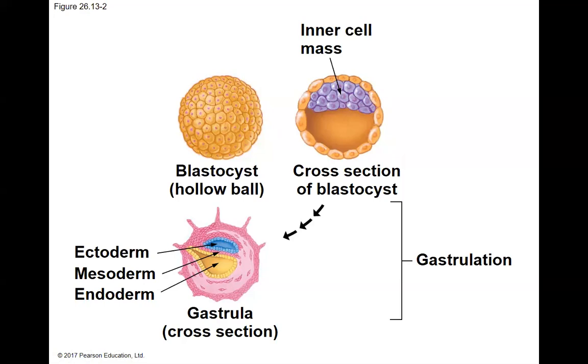The endoderm will result in the formation of organs such as the inner lining of the intestinal tract and the liver. And the mesoderm will end up forming our skeletal system, the muscle system. Okay? So each of these individual cells will keep dividing and they differentiate into the different organs that we have during development.